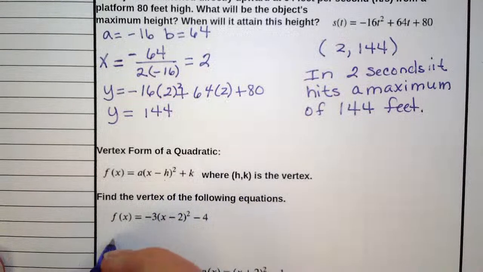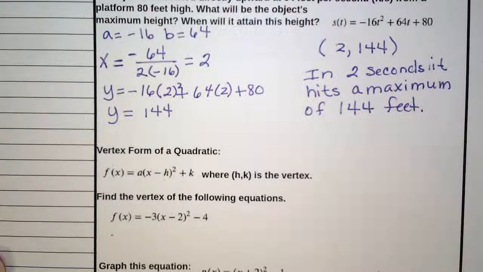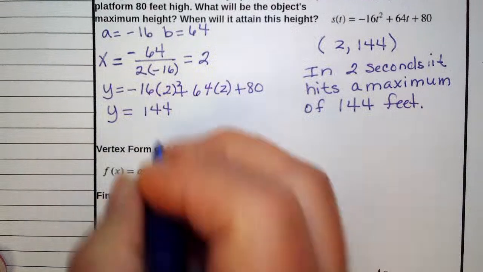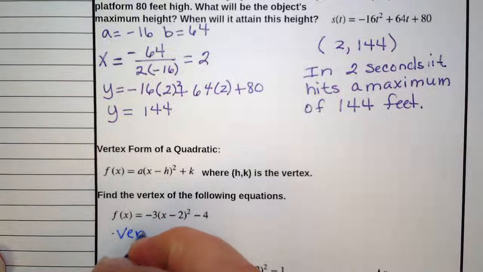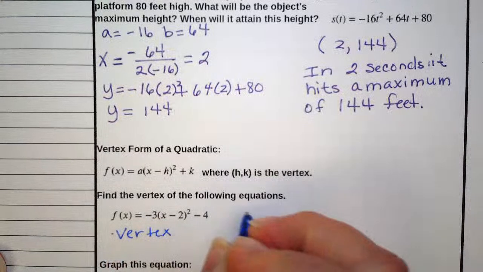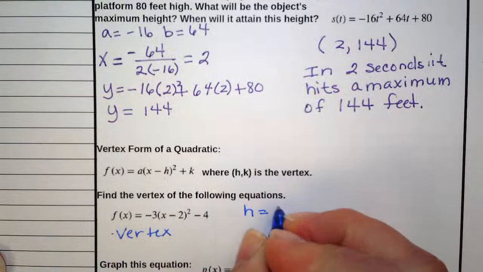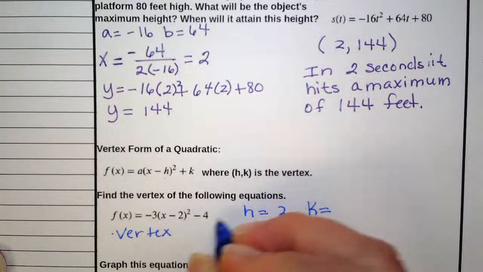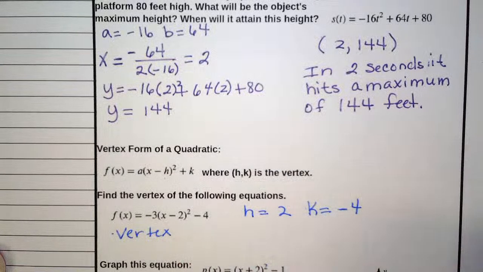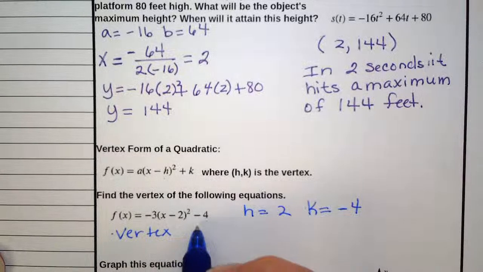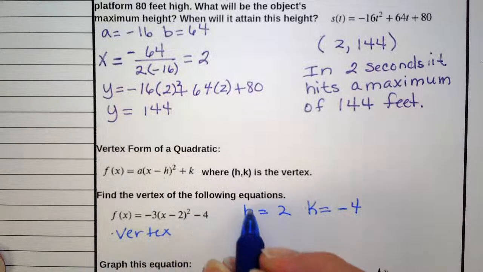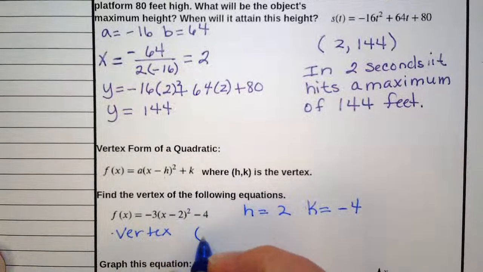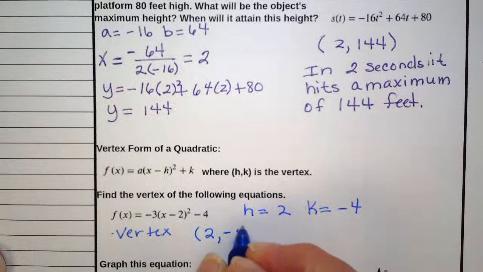So if I'm looking at the vertex here, I know that h will be equal to 2 and k will be equal to -4. This should be plus. If this is plus, then that means my k is going to be negative. So my vertex is the point 2, -4.